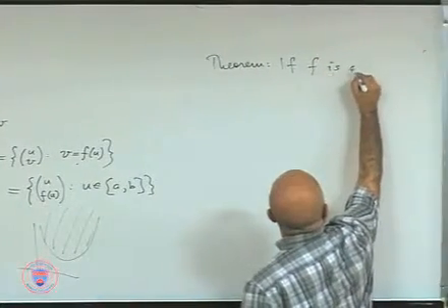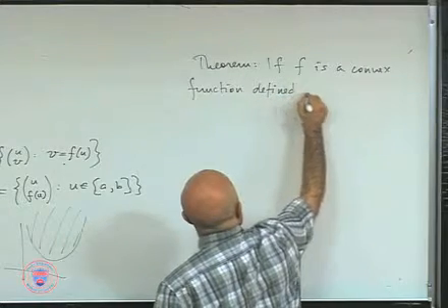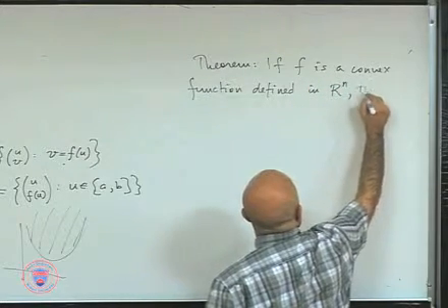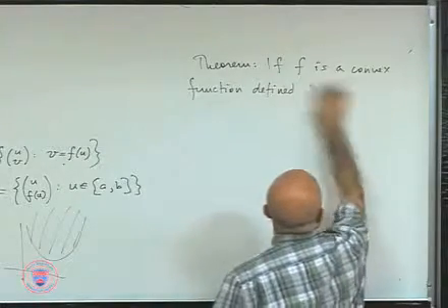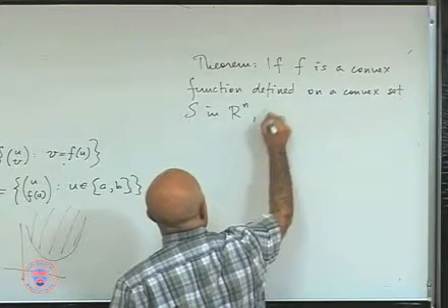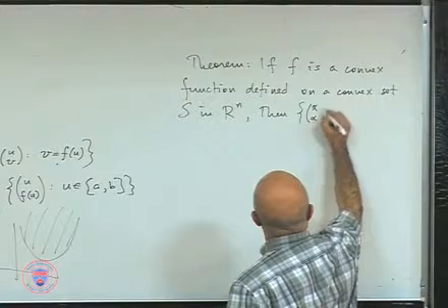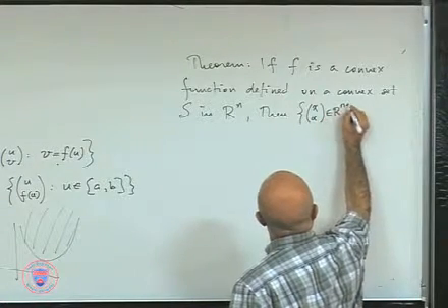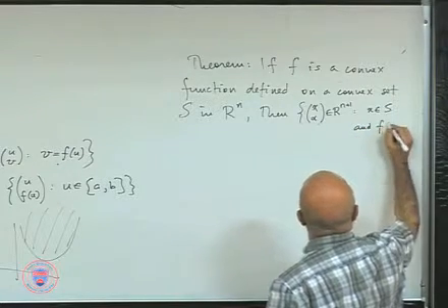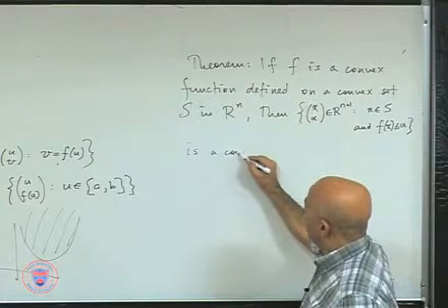If f is a convex function defined on a convex set in Rn, then the set of points (x, alpha) in Rn+1, where x is restricted to the domain and the condition f of x less than or equal to alpha is fulfilled, is a convex set.